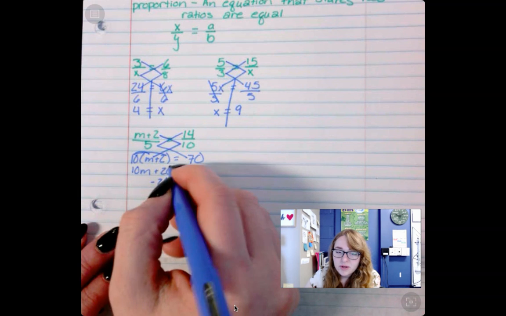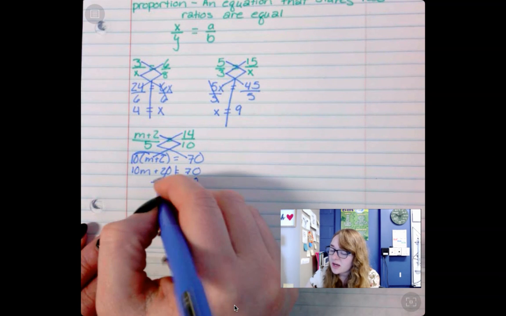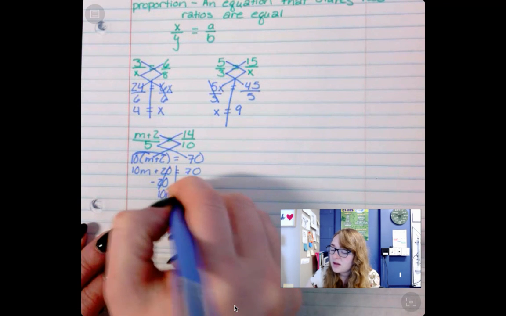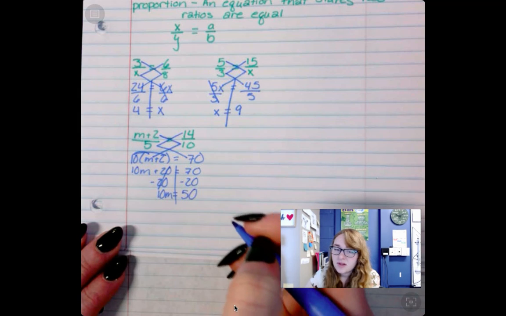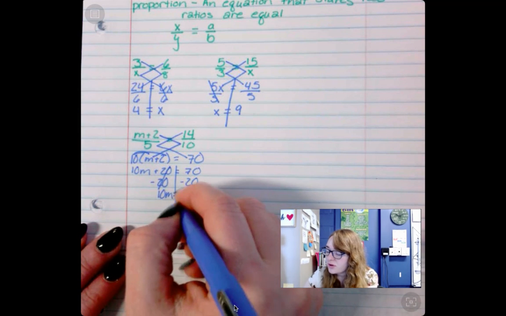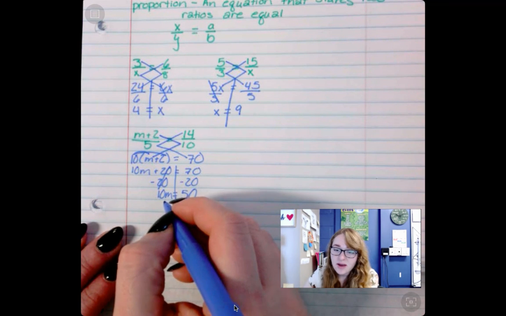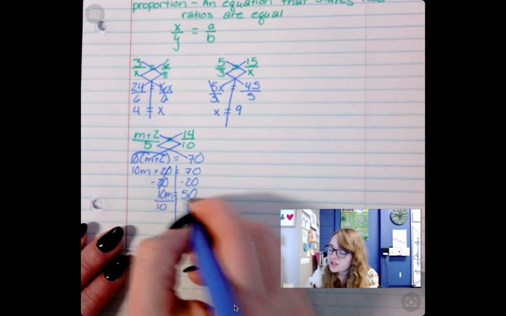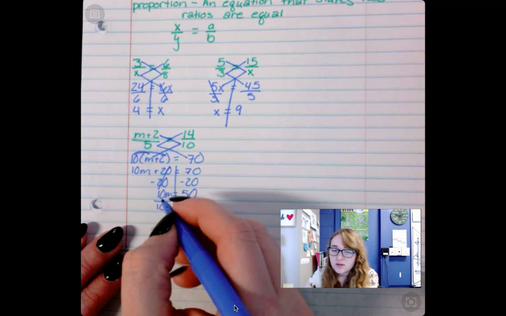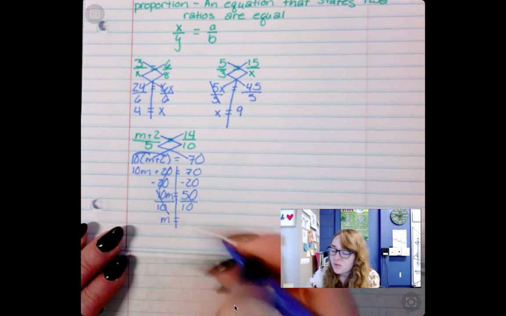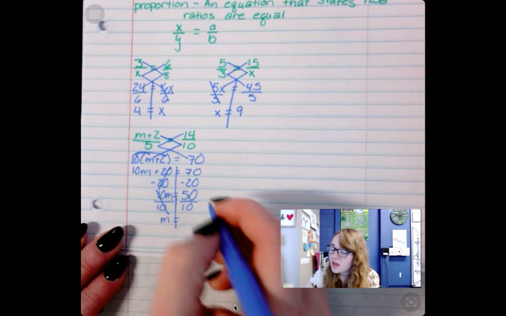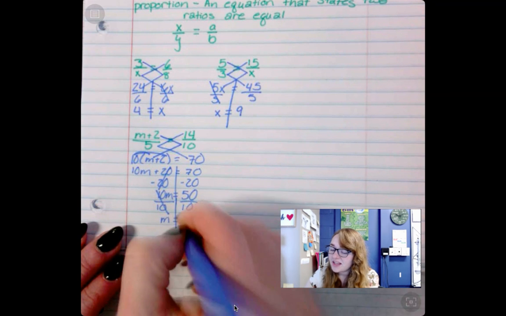Positive 20 minus 20 cancels because they go to 0, leaving us with just 10 times m. And 70 minus 20 gives us 50. Finally, just like the two before this, to solve for m we get rid of our coefficient by dividing out. Multiply by 10, divide by 10, those cancel because they go to 1, leaving us with a positive 1m we don't have to write the 1 for. And then 50 divided by 10 is 5.